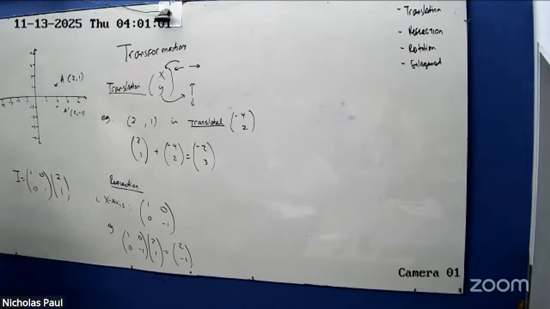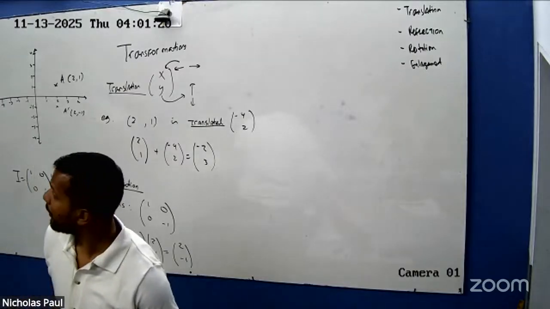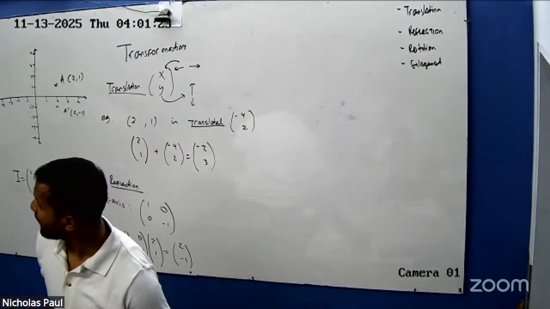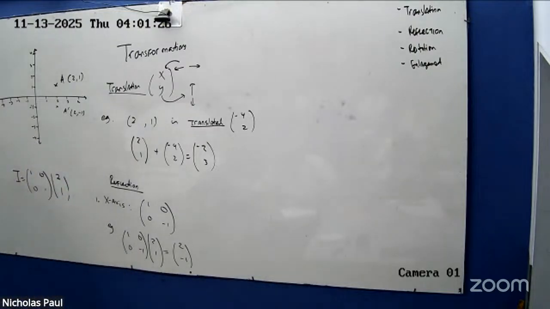So note that the transformation matrix multiplied by the object gives the image.